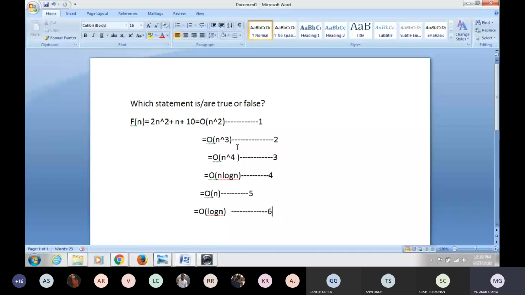In the third statement, n square less than or equal to n raised to the power 4. The condition is true. Are you getting it? Yes, sir.